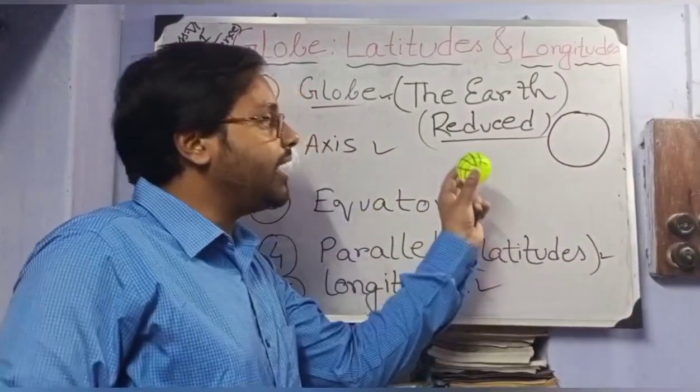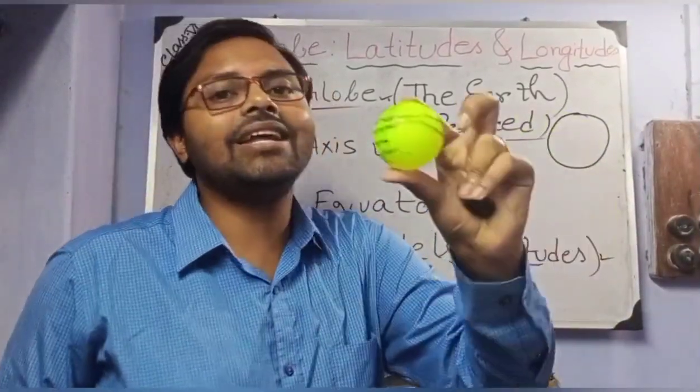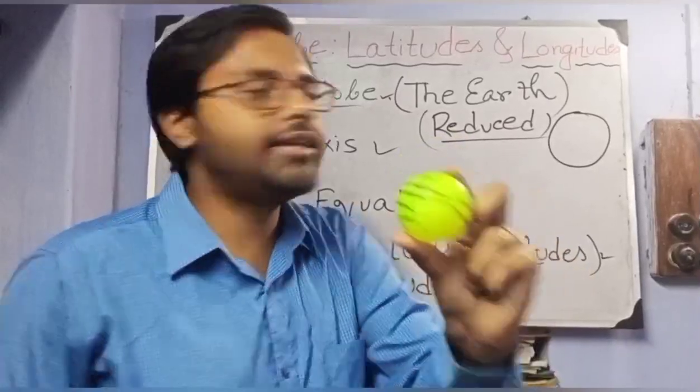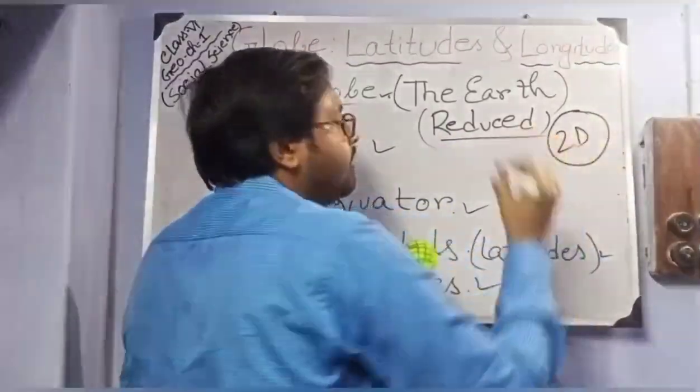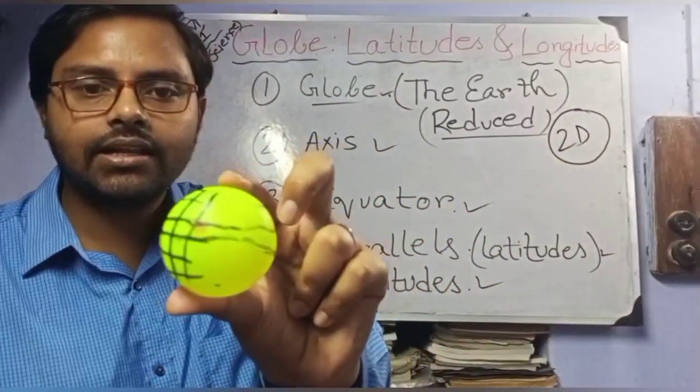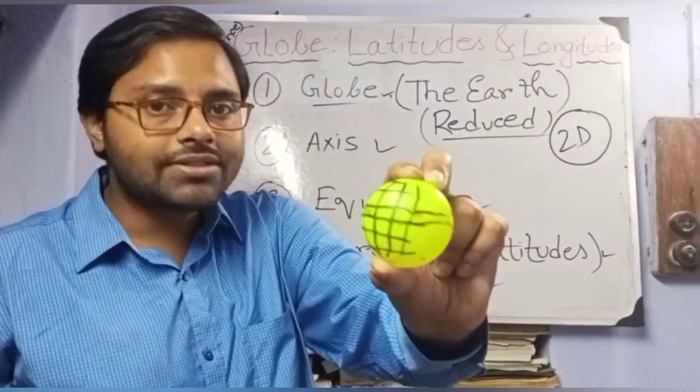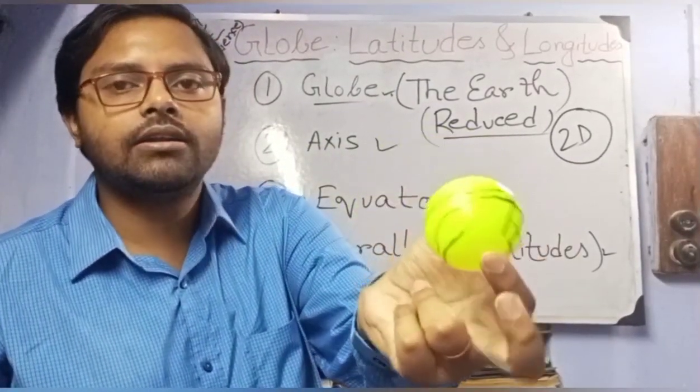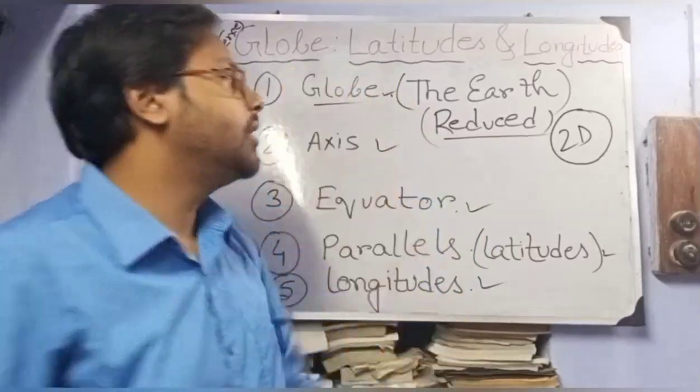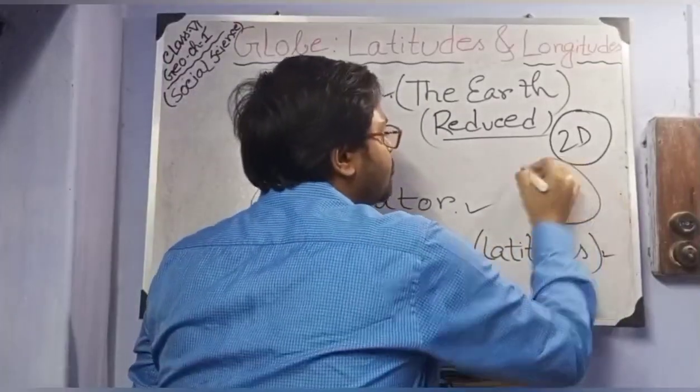When we see this circle, it is a 2-dimension model, it is 2D. When we see it as a 3-dimension model, that becomes a sphere.